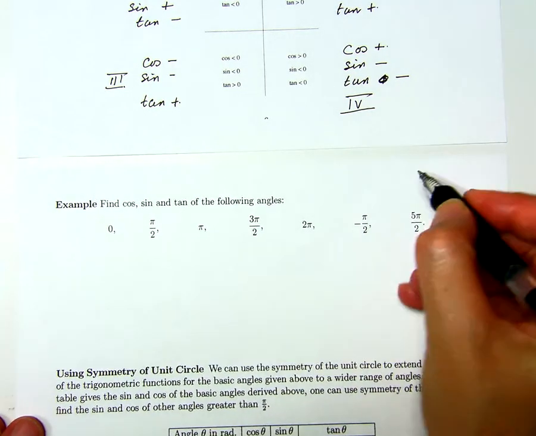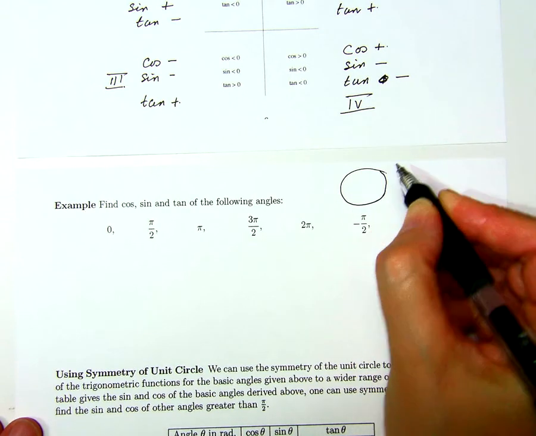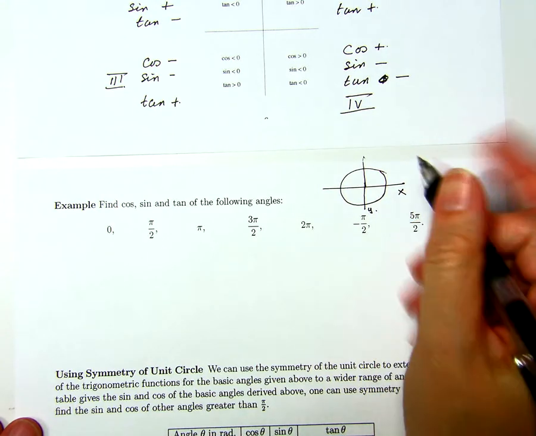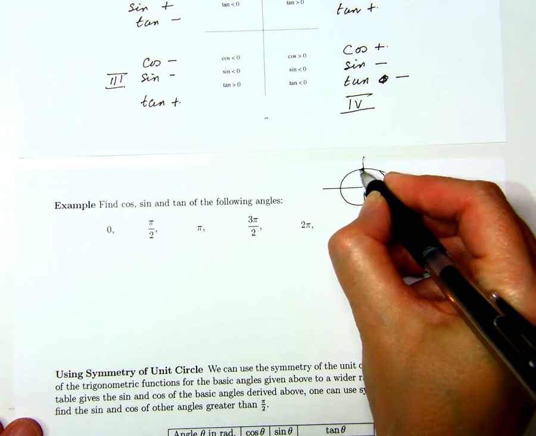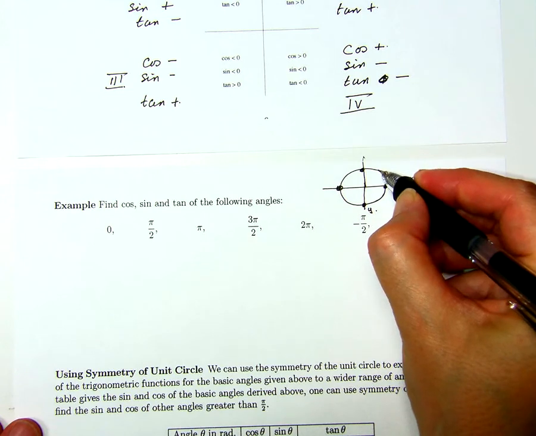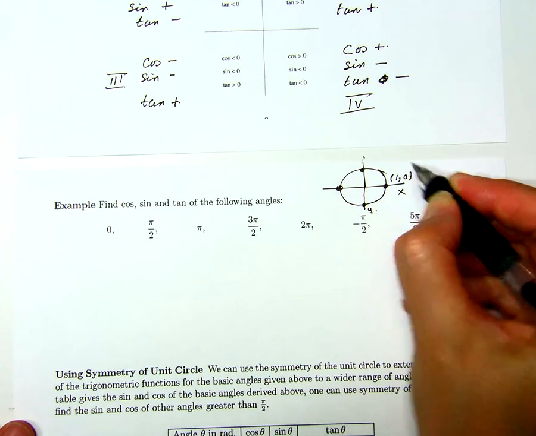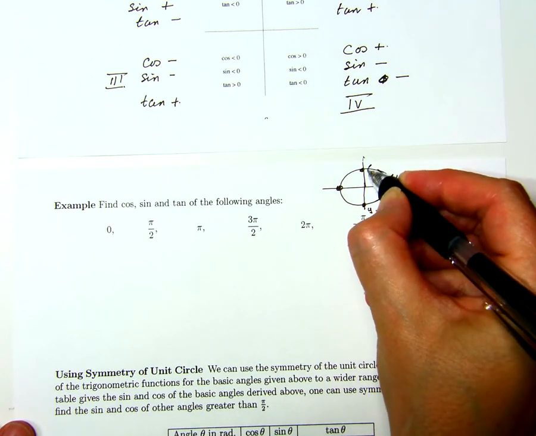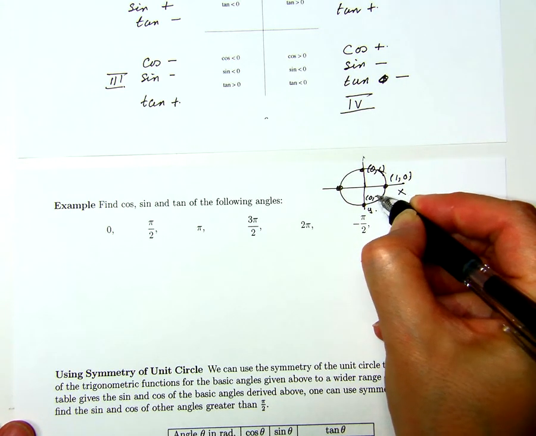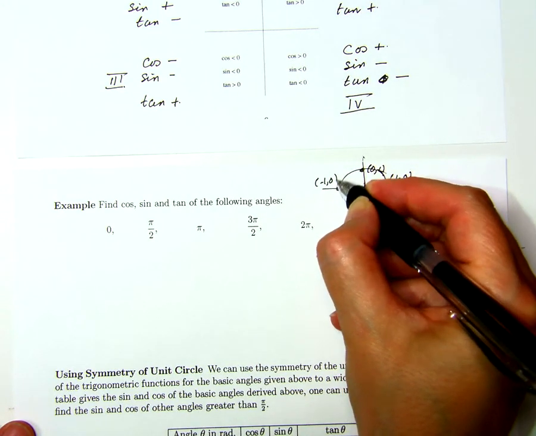We'll draw a unit circle, pencil in the x and the y-axis, and we have 4 points here where our circle meets the x and the y-axis. It meets the positive x-axis at the point (1, 0), the positive y-axis at the point (0, 1), the negative y-axis at the point (0, -1), and the negative x-axis at the point (-1, 0).